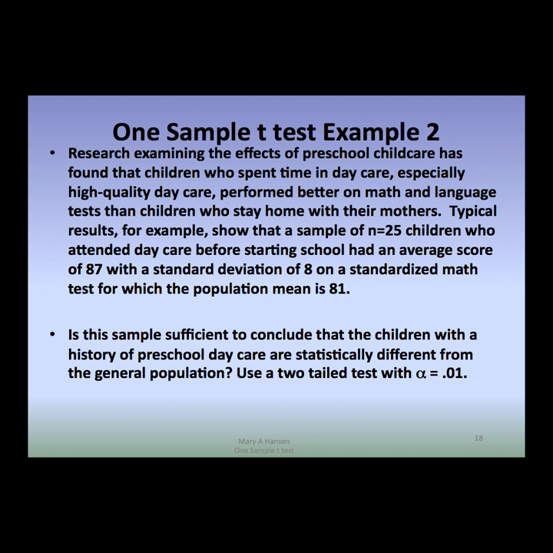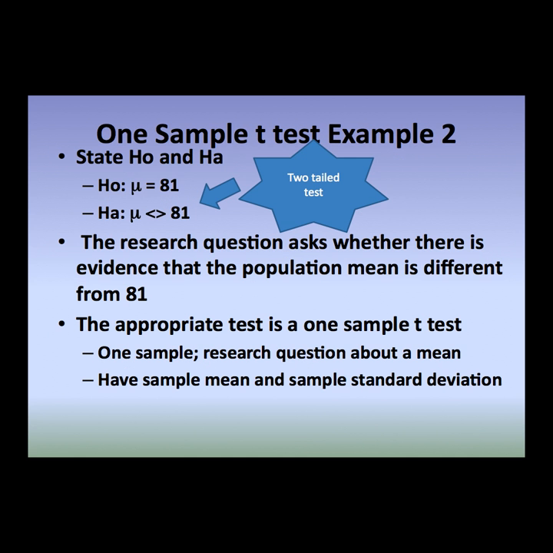Typical results, for example, show that a sample of 25 children who attended daycare before starting school had an average score of 87 with a standard deviation of 8 on a standardized math test, for which the population mean is 81. Is this sufficient evidence to conclude that the children with a history of preschool daycare are statistically different from the general population? Use a two-tailed test with alpha equals 0.01.